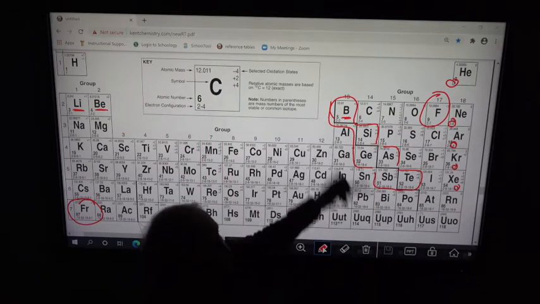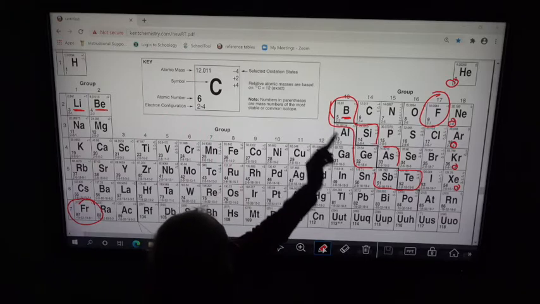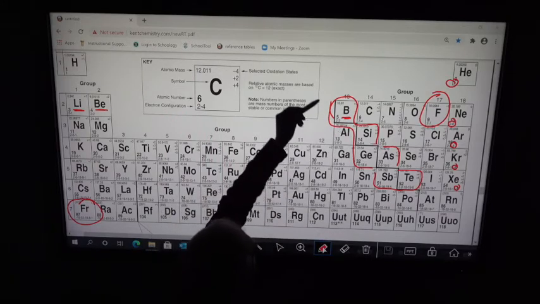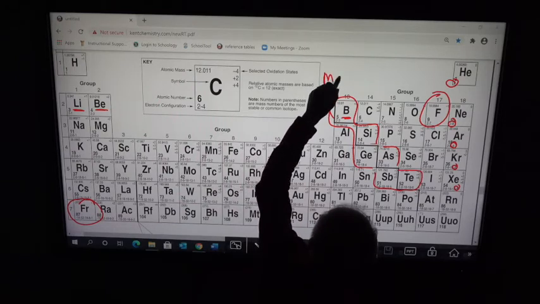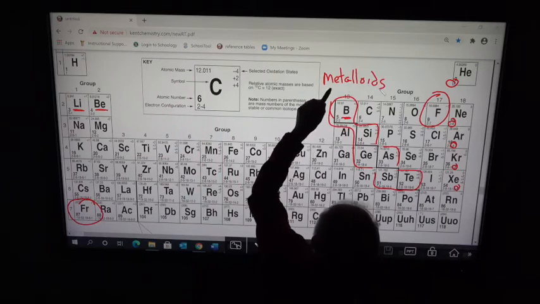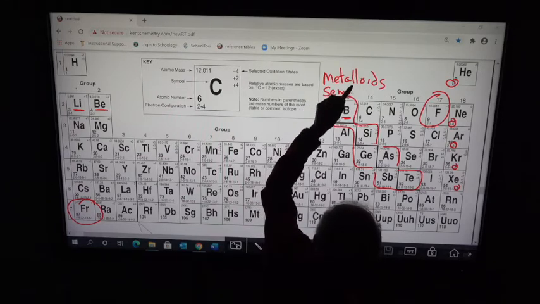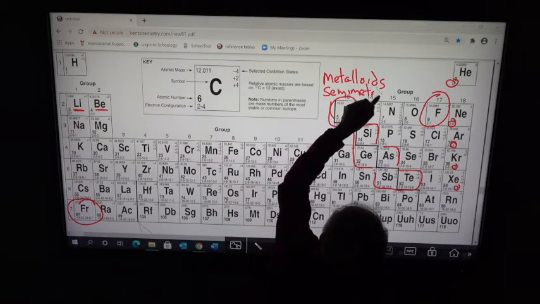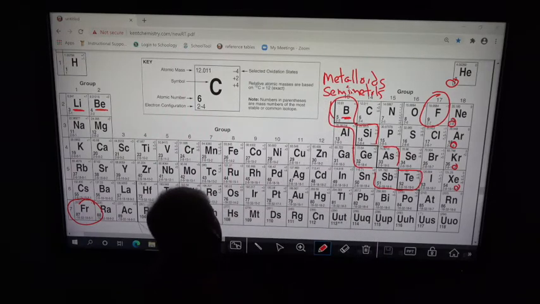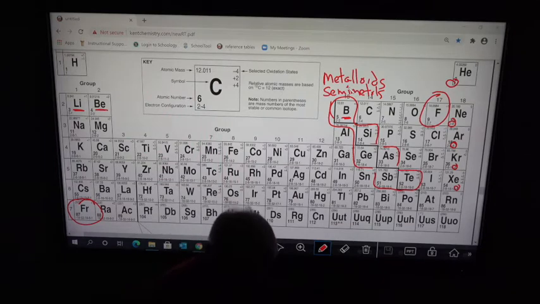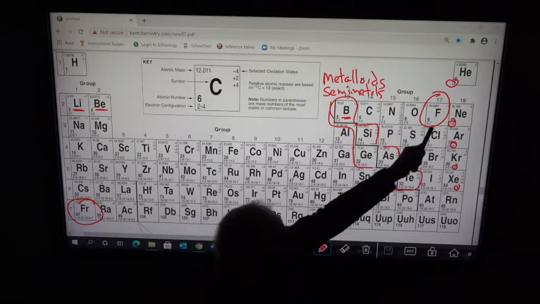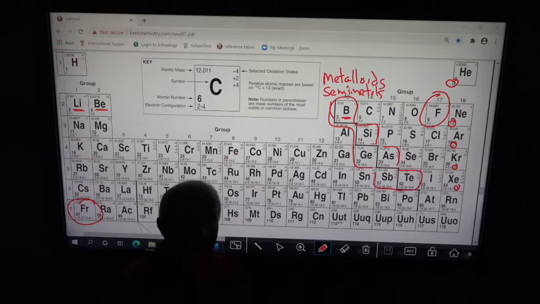They act as a buffer zone, so they have properties of both metal and nonmetal. These are called metalloids or semimetals.